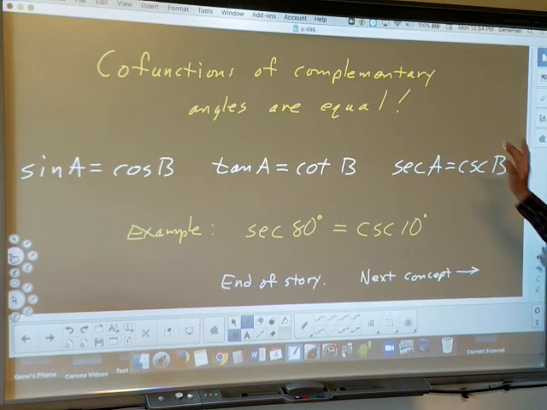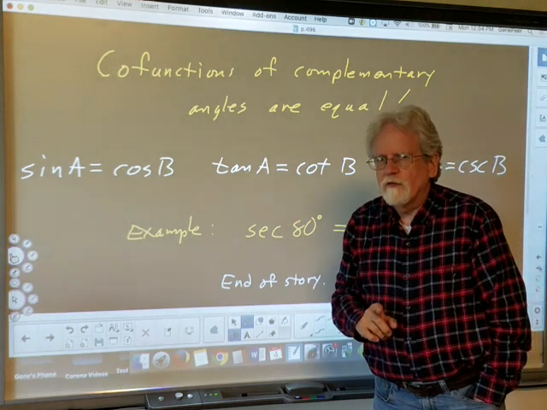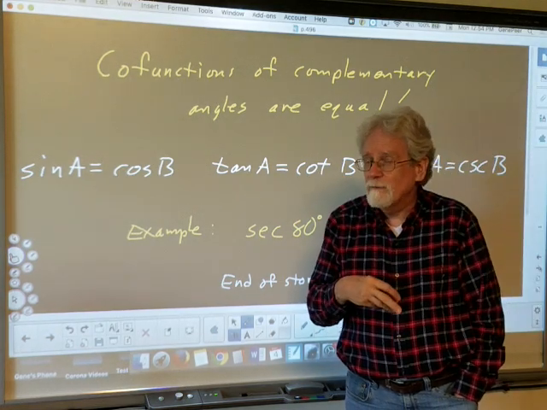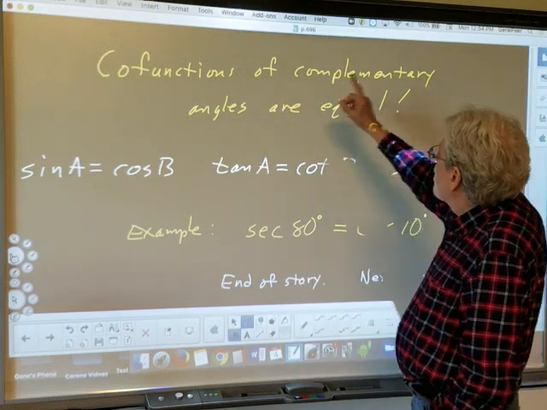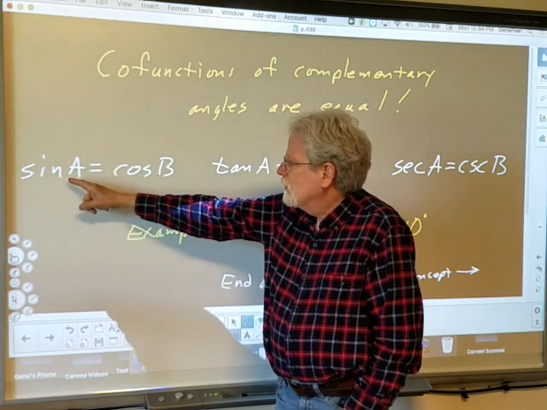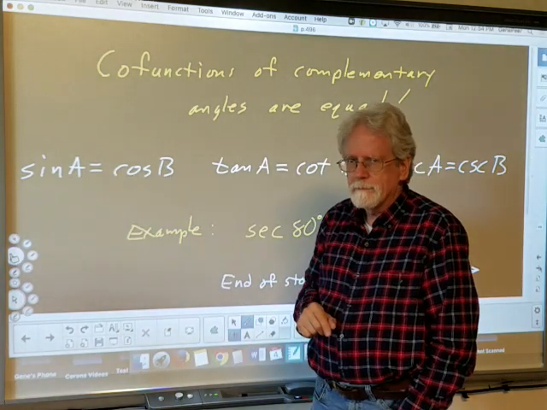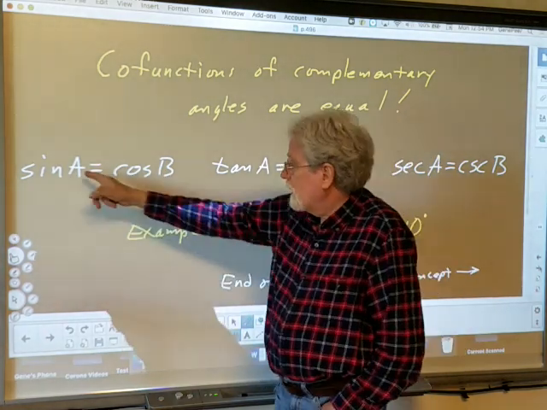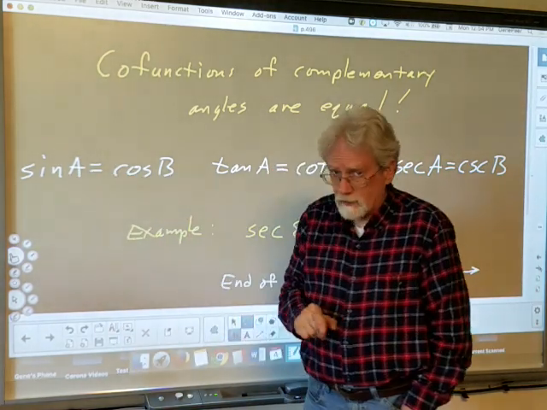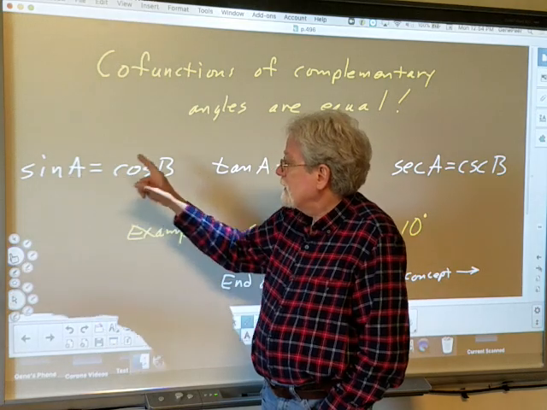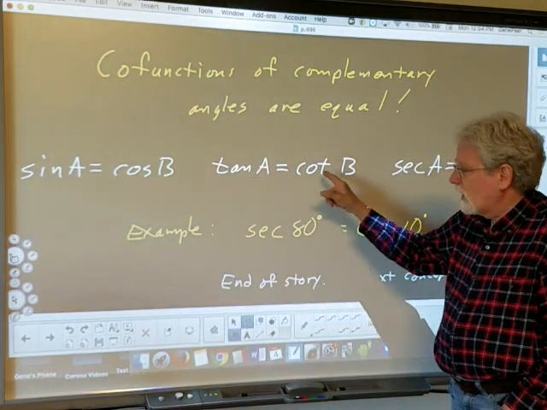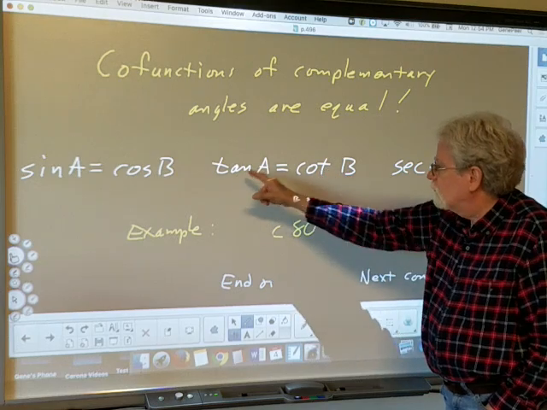And that's true of all cofunctions. Maybe that's where the concept of cofunctions came from. Cofunctions of complementary angles are equal. So the sine of A will be equal to the cosine of B. In right triangles, we know that A and B are always going to be complementary. So as long as A and B are complementary, the sine of A will equal the cosine of B. The tangent of A will equal the cotangent of B. Cofunctions, tangent, cotangent.